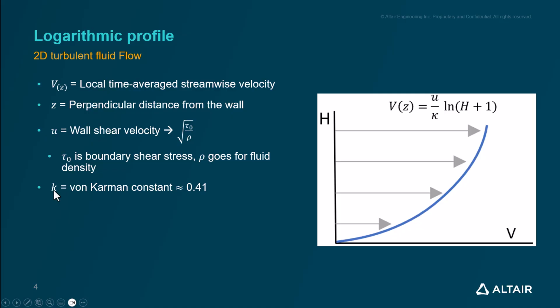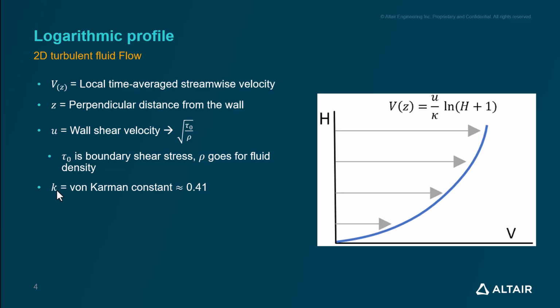And lastly, we have the key that goes for the von-Karman constant. Now, this von-Karman constant was defined through different experiments, and there is no precise consensus about what the true value of this constant is.